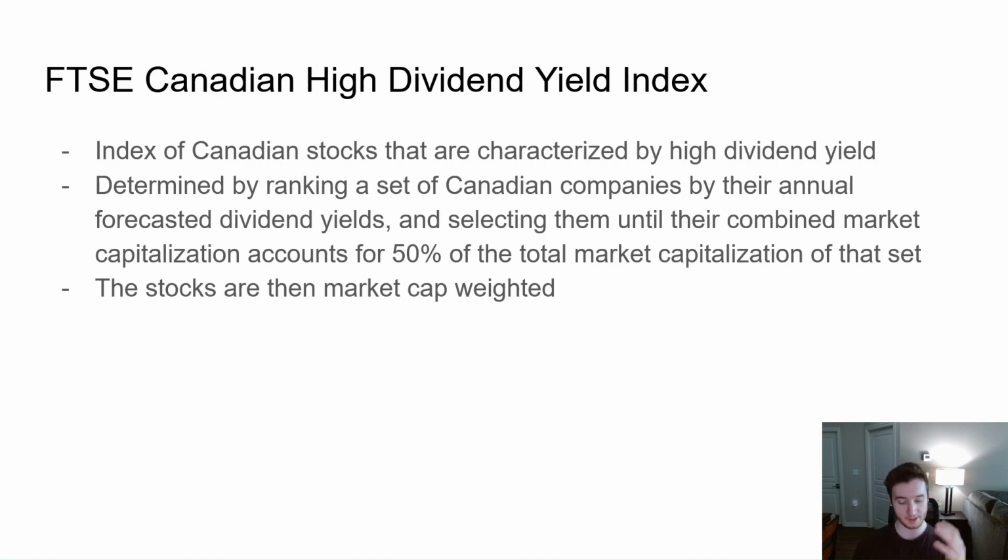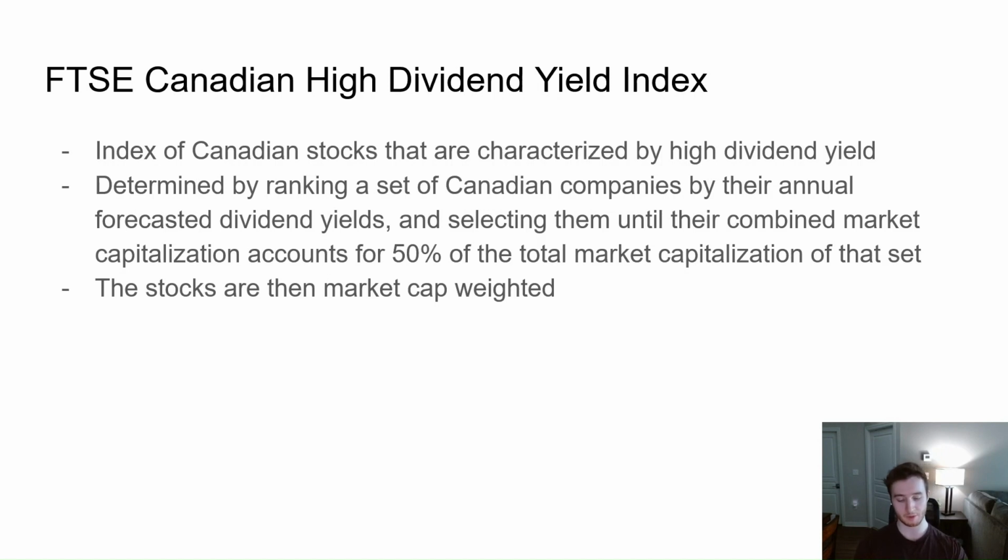So the highest at the top, lowest on the bottom, and it's a certain set of Canadian companies. So there's like an underlying index to this one, which is just a global index, and they just take the Canadian part of it. So it's not every single Canadian company, but it's a set of like the big ones for sure. So then you rank it by forecasted dividend yields, and then you basically keep picking them until the combined market capitalization accounts for 50% of the total market capitalization of that set.